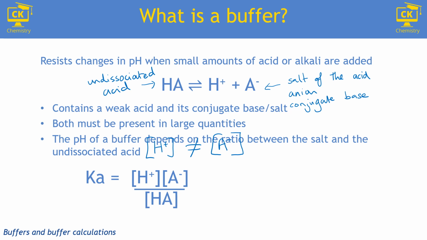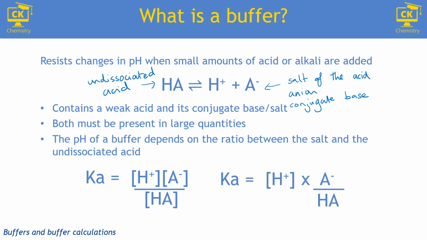That's actually really important, and is related to how we're going to write the equation. We're going to write the Ka equation like this instead. So this part here is what I'm calling the ratio between the salt and the undissociated acid.